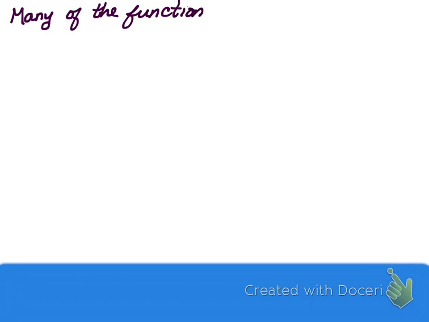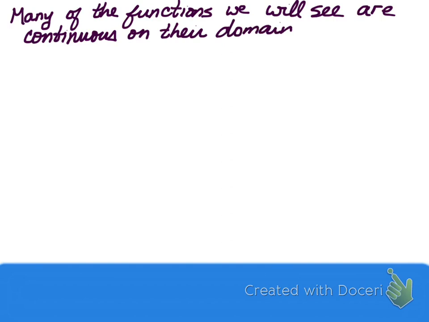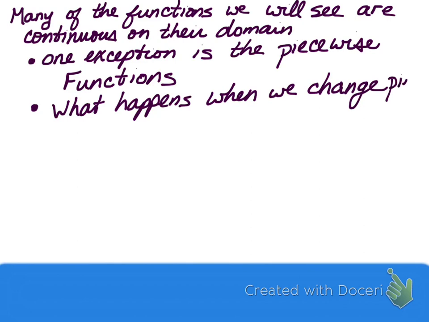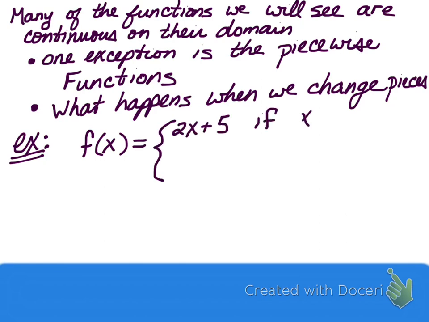So many of the functions that we are going to look at are continuous for all the x values in their domain. One exception is piecewise functions. And so we need to investigate what happens with a piecewise function at the places that we break up the rule, that we change pieces. So let's look at an example. f of x equals 2x plus 5 if x is less than 1, and f of x equals x squared plus 3 if x is greater than or equal to 1.